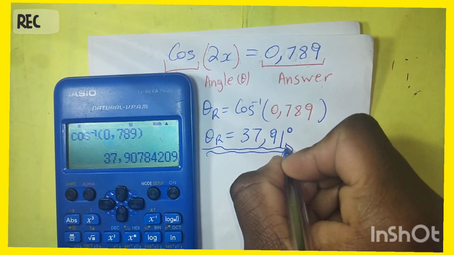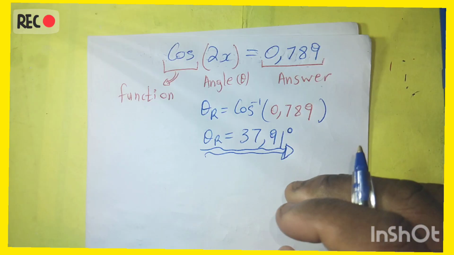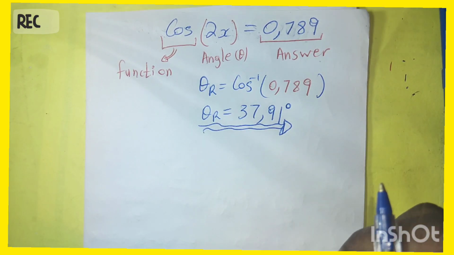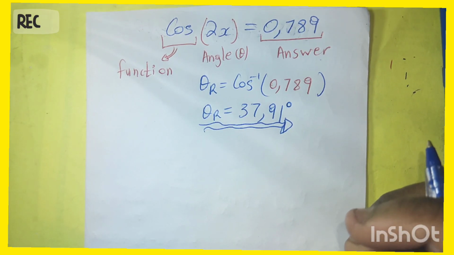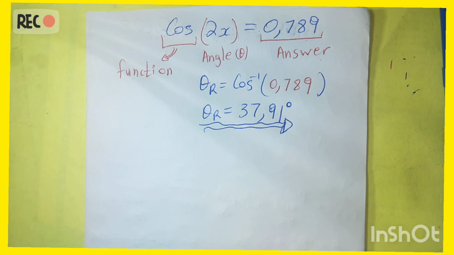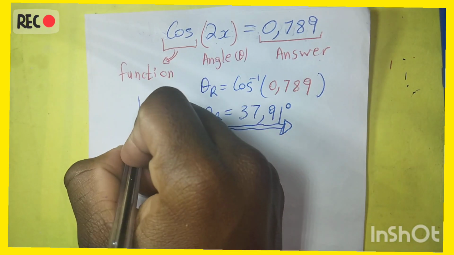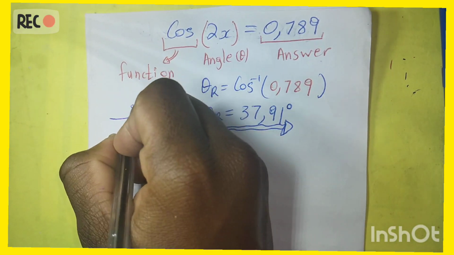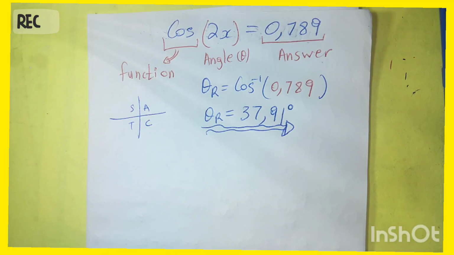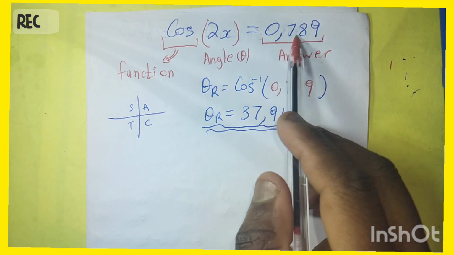Do you see? And now what I will do, guys, after getting this, I shall now find where I should do my general solution. Where is my general solution? It is on which quadrant? For me to get that, I will just go to this thing of All Students Take Coffee. Then I will refer from my answer.